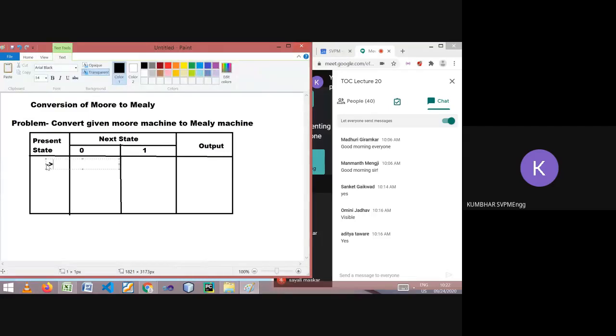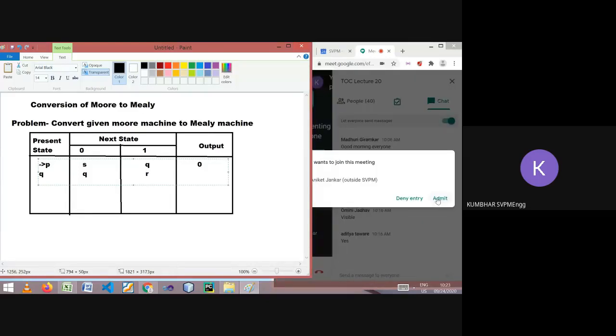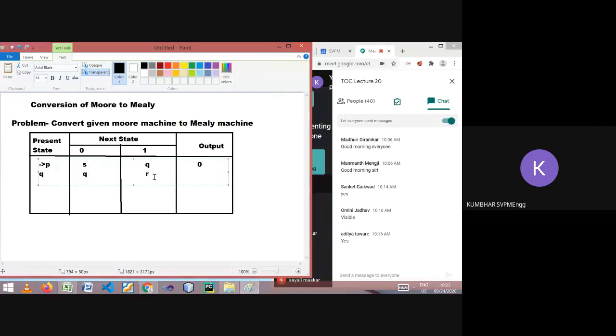Now, the initial state is P. On 0 it goes to S. On 1 it goes to Q and the output is 0. The P state gives the output 0. Then Q on 0 goes to Q. Q on 1 goes to R, and the output is 1.